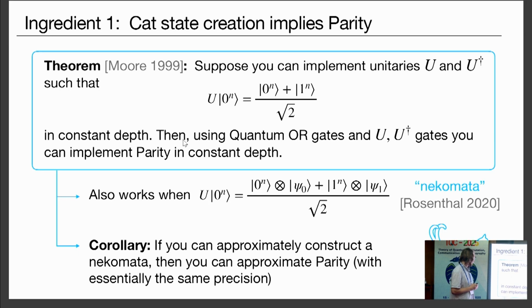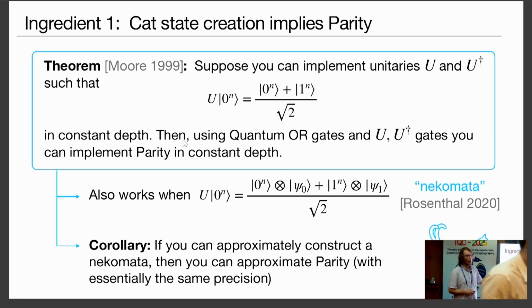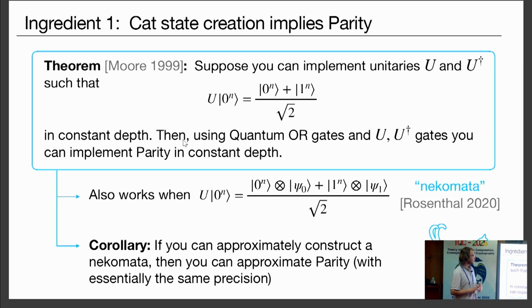Anyway, further, if you can prepare one of these states, some state that has high fidelity with the state of this form, then you can also approximately compute parity with essentially the same approximation guarantee as the state preparation task.